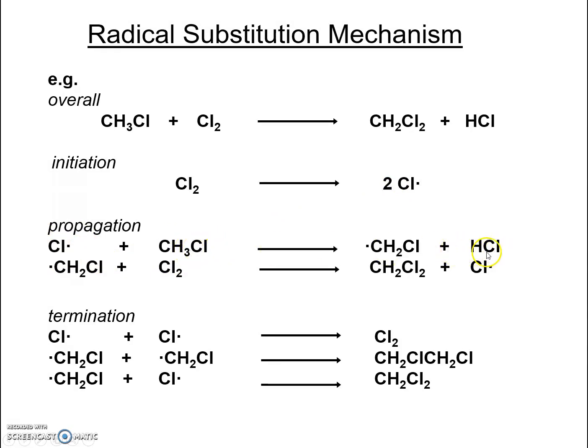We remove a hydrogen atom, so we're left with this chloroalkyl radical, which then goes on in the second step to react with a molecule of chlorine to form our other product, dichloromethane, and regenerates this chlorine radical. And then your termination steps, as before, any of these radicals combining. So here we've got chlorine being formed, here we've got 1,2-dichloroethane being formed, and here we've got dichloromethane being formed.